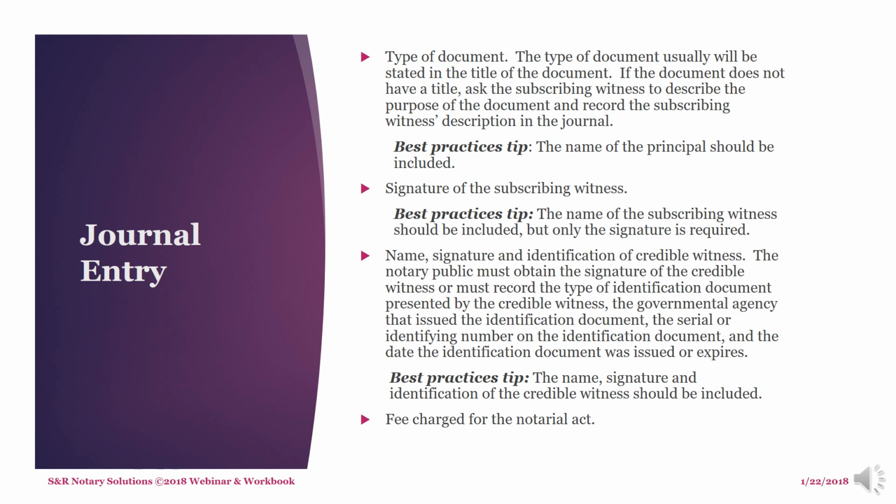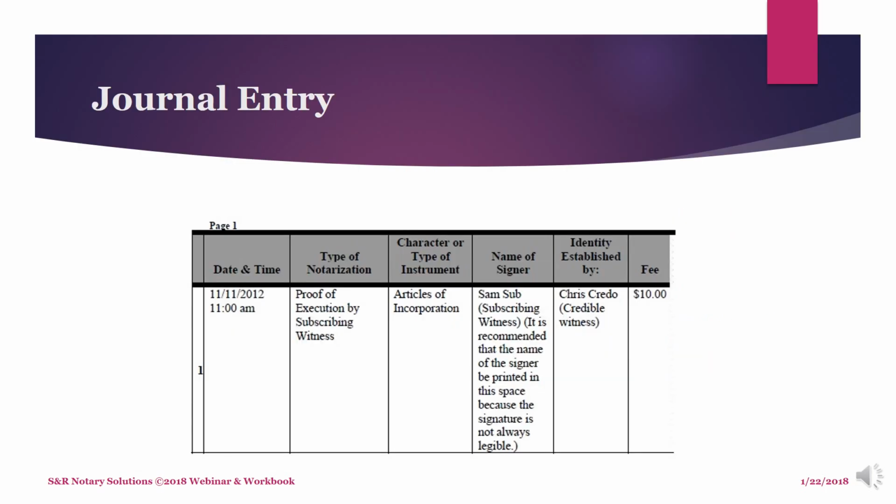Best practice tip, the name, signature, and identification of the credible witness should be included, and then the fee charged for the notarial act. Here is an example of how it would be recorded.